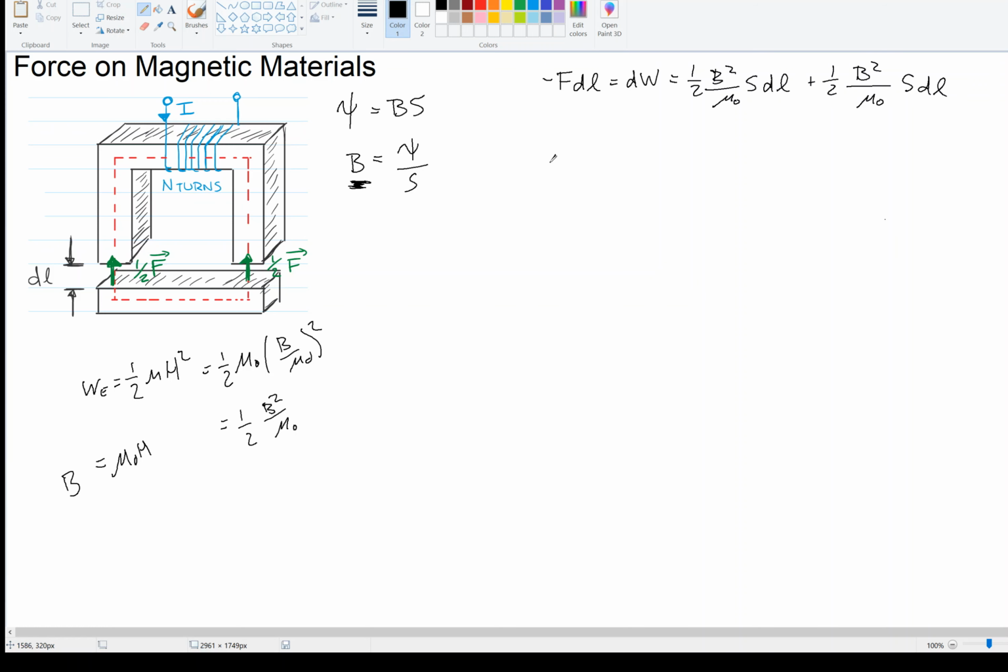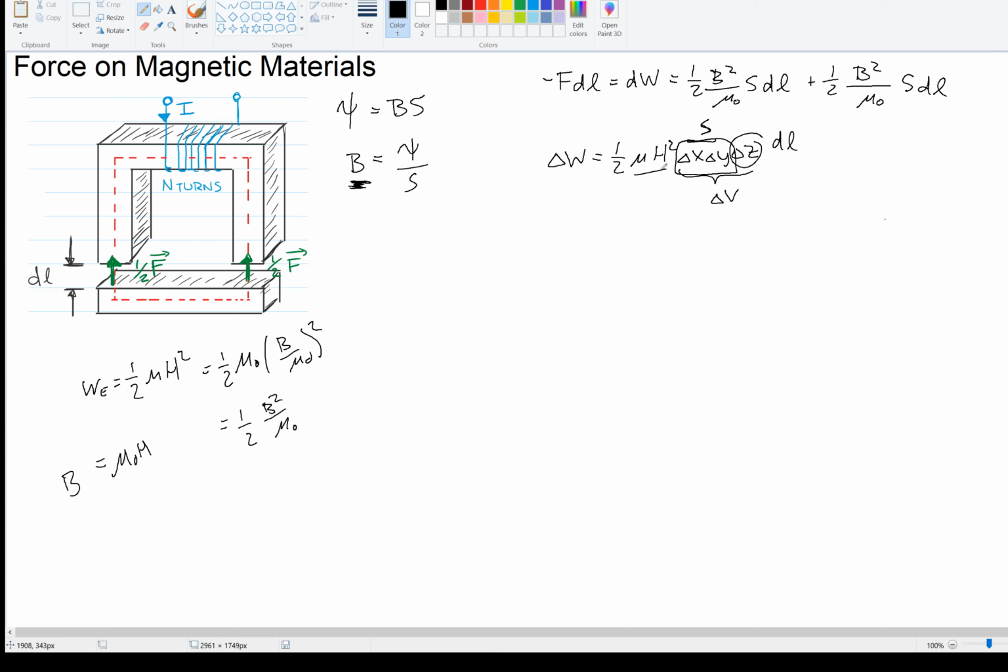And also from a previous video on energy, let me remind you that we had delta W was 1/2 mu h squared, delta x, delta y, delta z, right? This is actually the same thing. This is delta V, the volume, right? So what we're saying is that we're considering now the area S, and this is the length dl, you see.